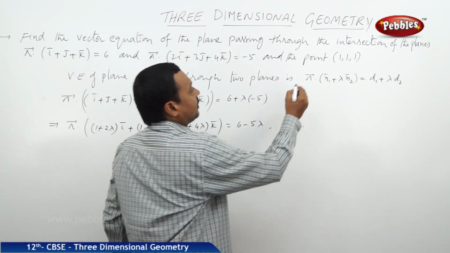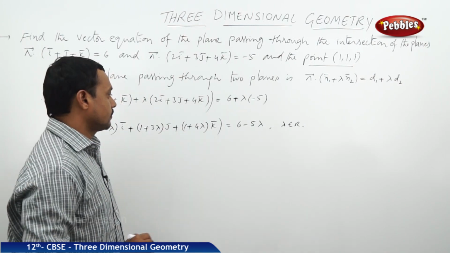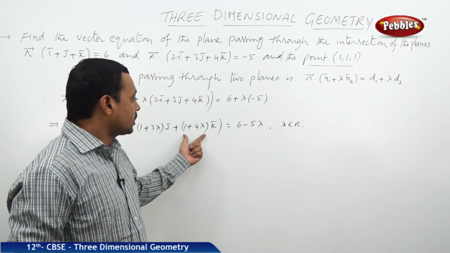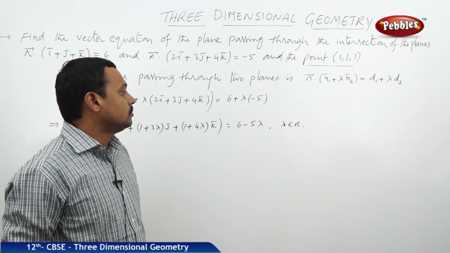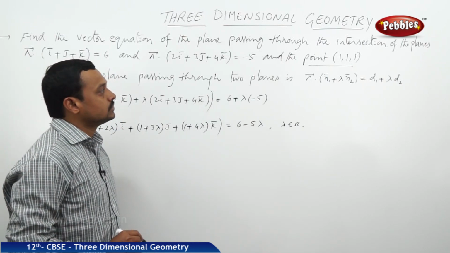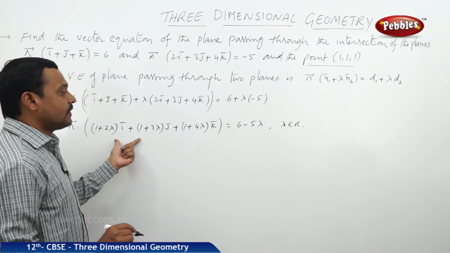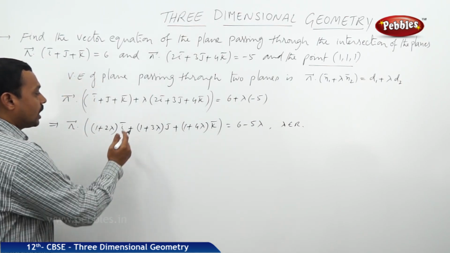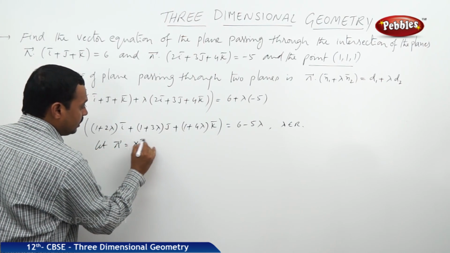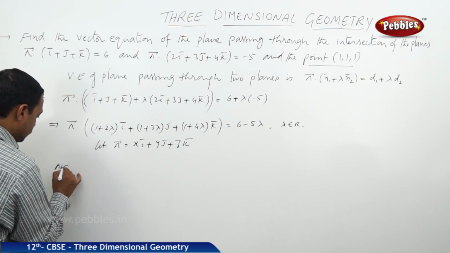Here one more condition is given, that the plane passes through a fixed point (1, 1, 1). If we convert this vector equation into Cartesian form, then we can substitute that point (1, 1, 1) in the place of x, y, z. To convert into Cartesian form, let us take r bar is equal to xi + yj + zk.